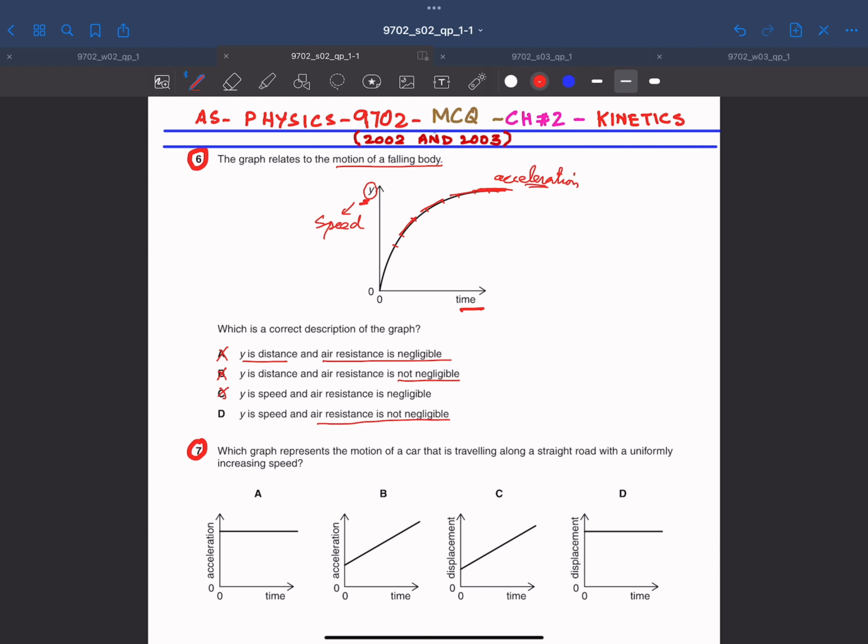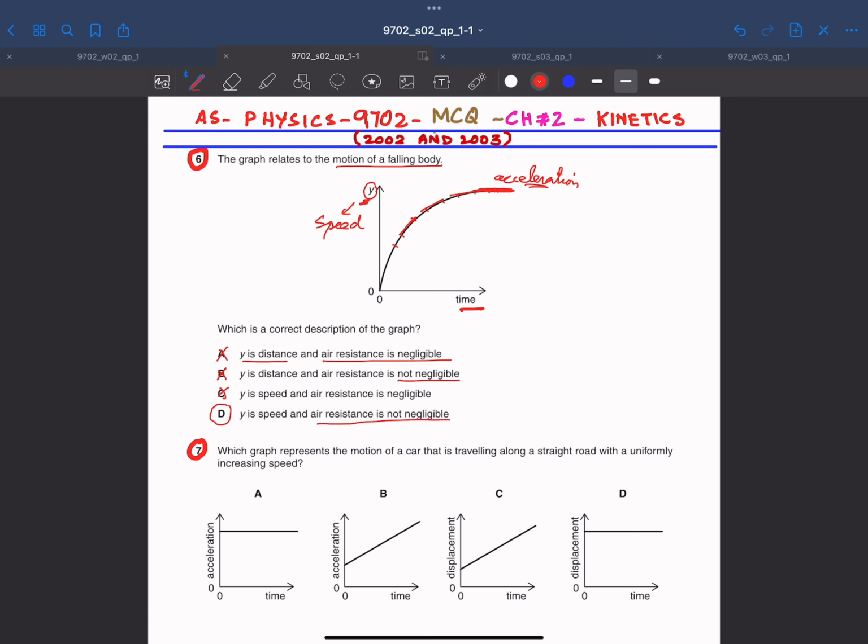This will happen only when the air resistance is not negligible. At this stage the body will move with terminal velocity. So somewhere here we have achieved terminal velocity. So this is the correct answer, D. I hope this description is clear.